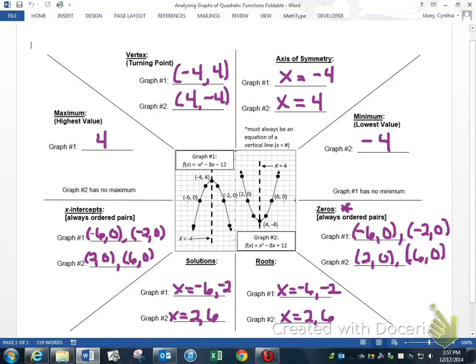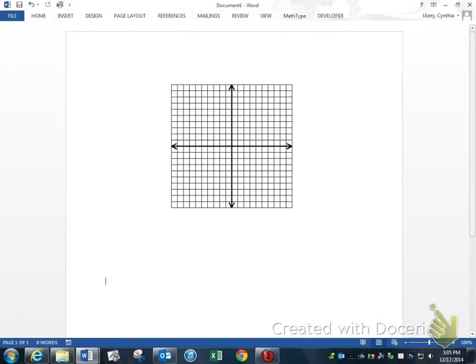If it only has 1 solution, it's only going to touch the x-axis in 1 spot. Here is an example of a graph that only has 1 solution. It might look like this. I want my solution to be right there. I didn't do a great job of it, but the solution is where it touches the x-axis. And it only touches the x-axis at 4. So your solution would be x equals 4.